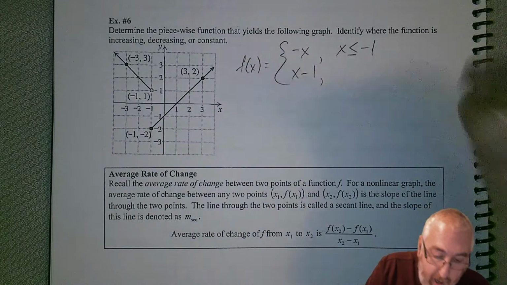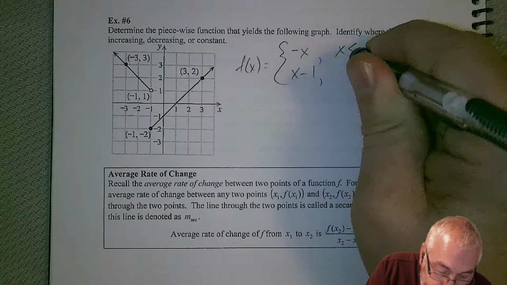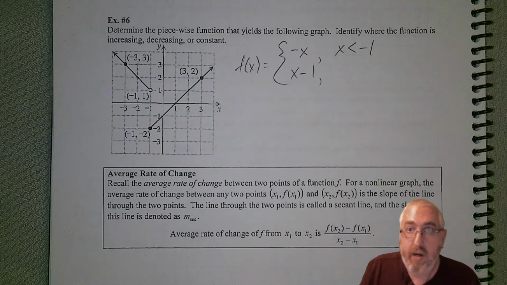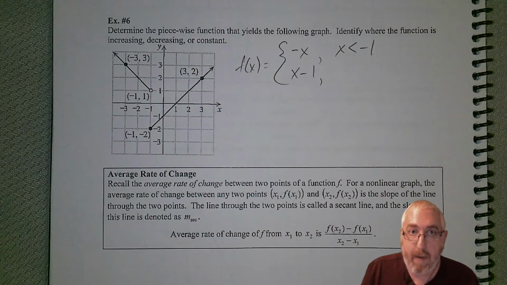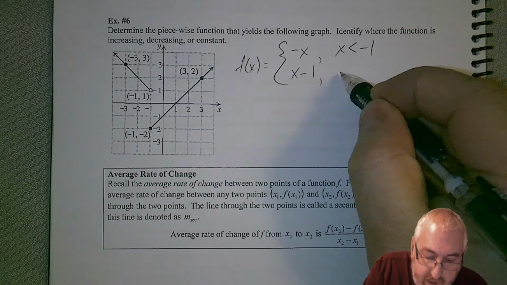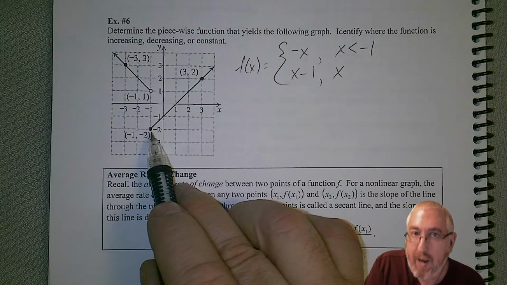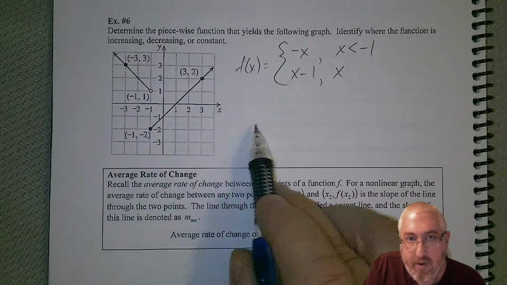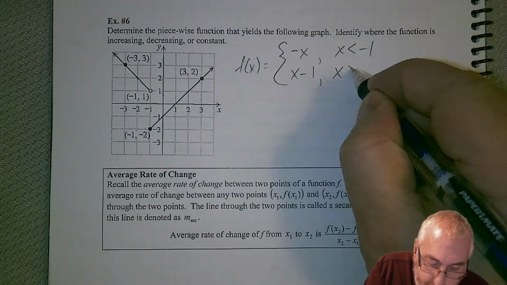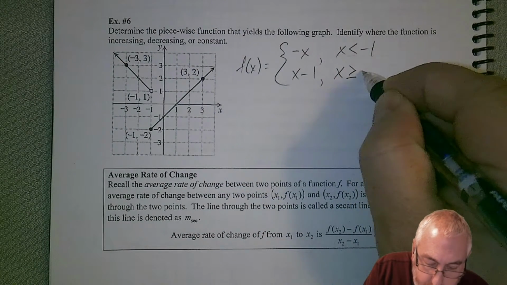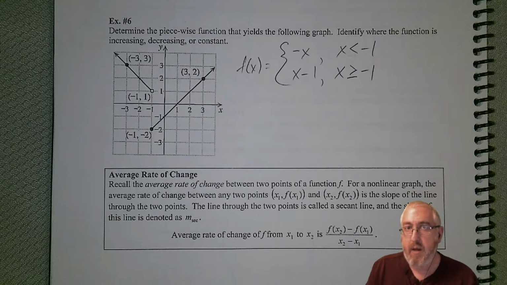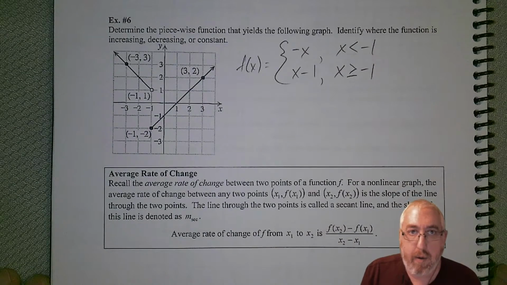So we would not want the less than or equal to. It's got to be strictly less than. So on this branch, now we do have a solid dot, so we do want to include it. And it's everything to the right, so we want it to be greater than or equal to negative 1. And there's our piecewise function.